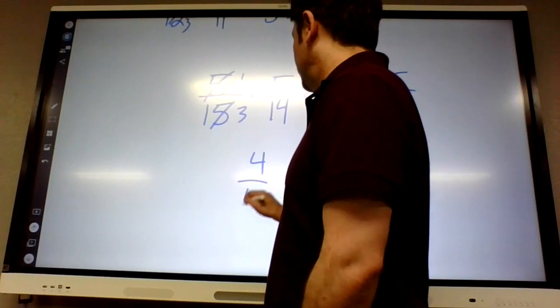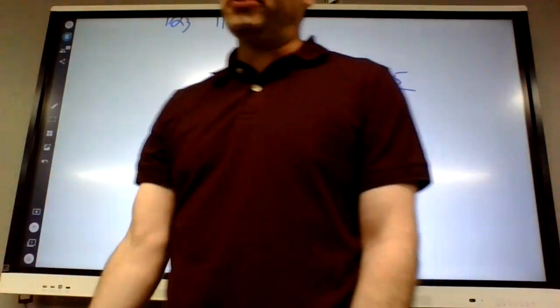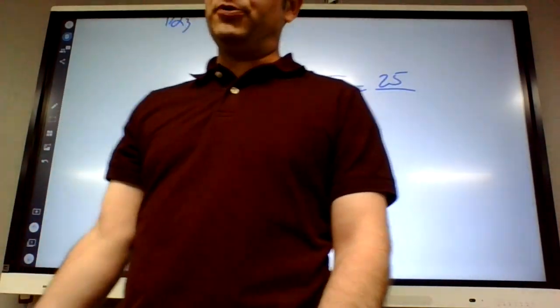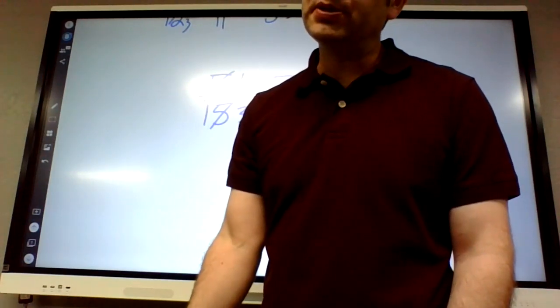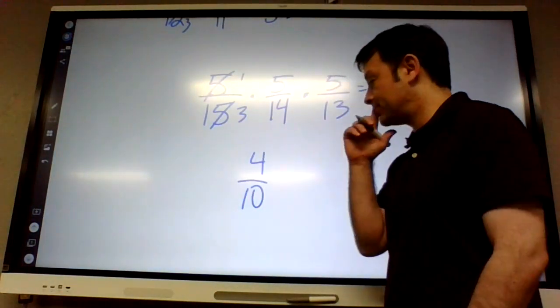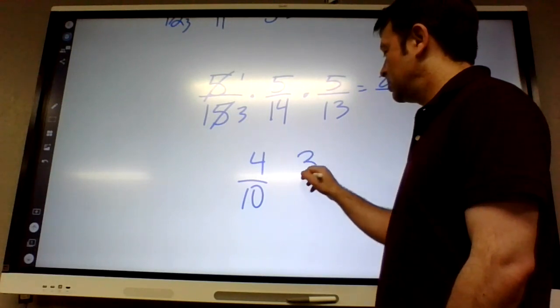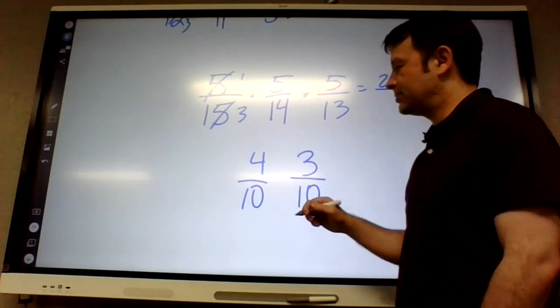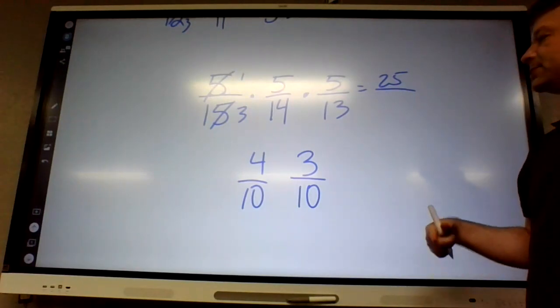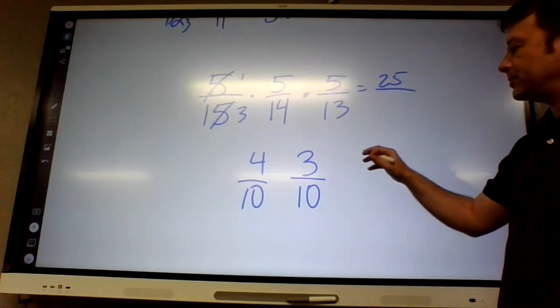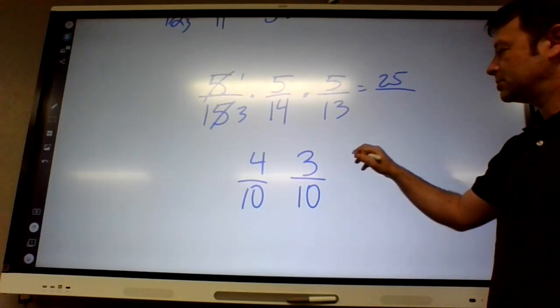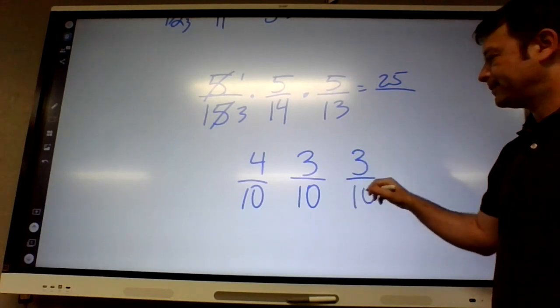4 out of 10. Second time, and we put the bottle back, the second time we get a fruit punch. What's the odds of getting a fruit punch? 3 out of still 10 because we put the bottle back. And then what's the third time getting another fruit punch? 3 out of 10.